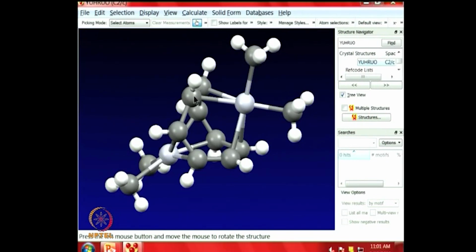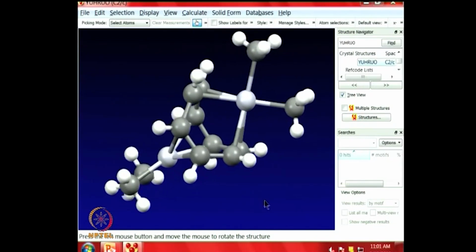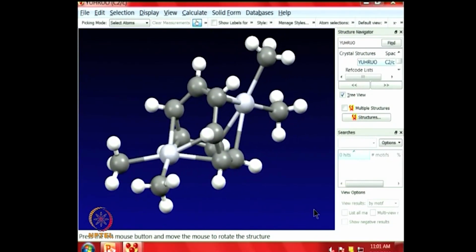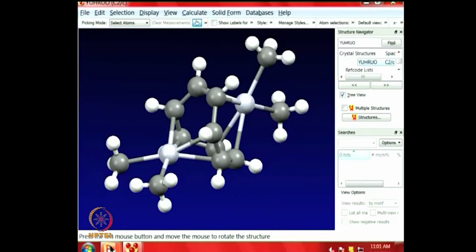The bottom part of the tub is interacting with one platinum atom, which I am showing here, and the top part is interacting with another platinum atom. So, you have a very interesting tub structure for the cyclooctatetraene, and that is what we showed here.